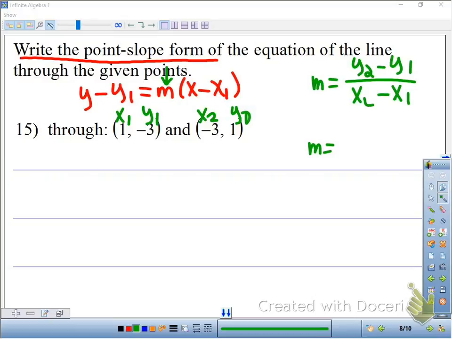Y2, excuse me. Didn't notice that the first time. Y2, which is 1, minus y1, which is negative 3. On the bottom, I have x2, which is negative 3, minus x1, which is 1.